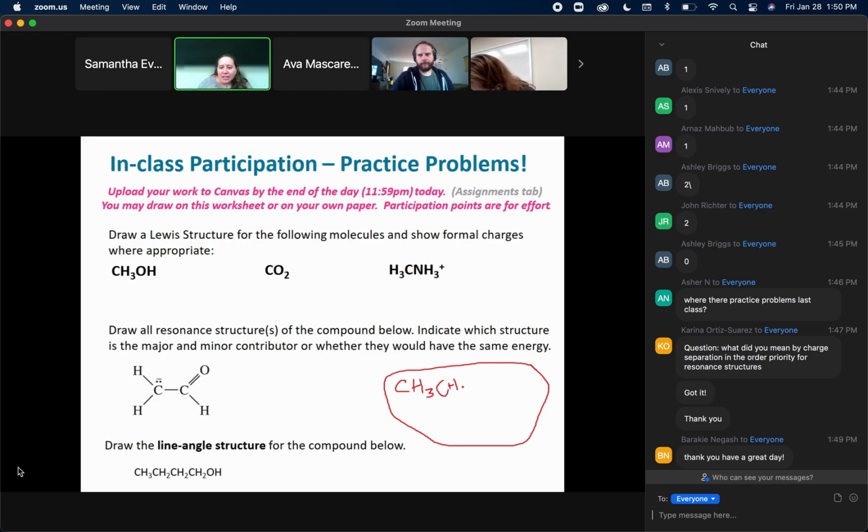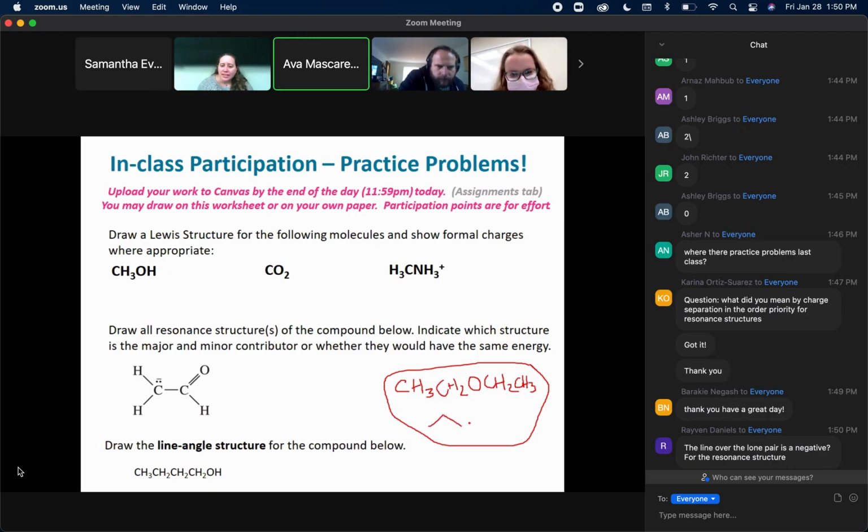You're asking me how to draw the line angle version of diethyl ether, is that right? Yes. Okay, it would look like this. Kind of looks like a spider. The ends that are pointing towards the oxygen do not have carbons there, because there's an oxygen here.